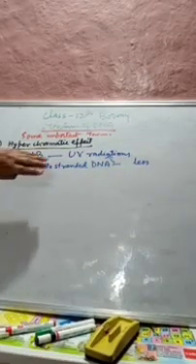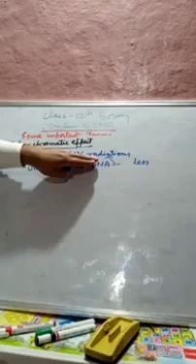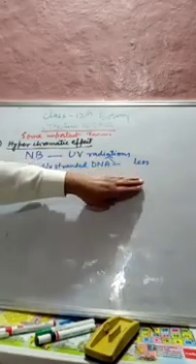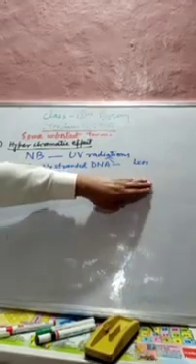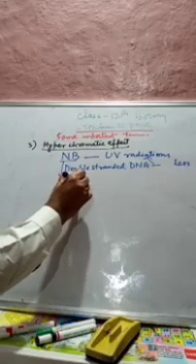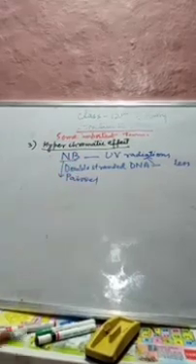When double-stranded DNA is exposed to ultraviolet radiation, the radiation absorbed is less. The reason is that these nitrogen bases are paired.